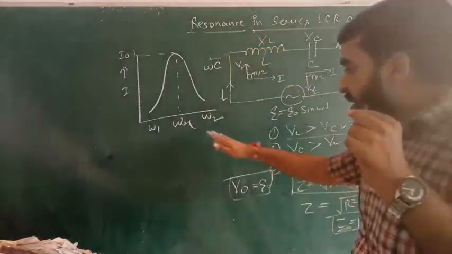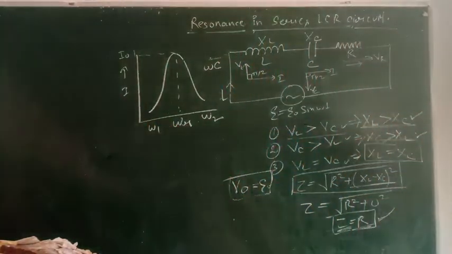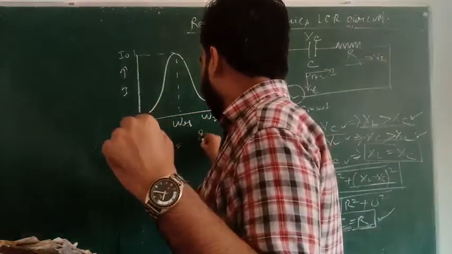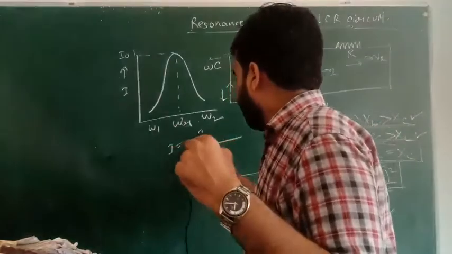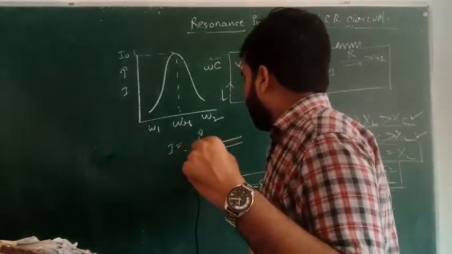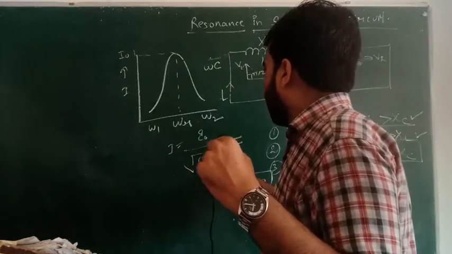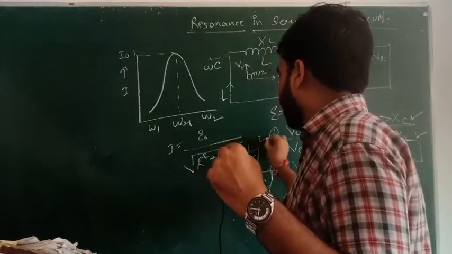Why are we getting a lesser value of current at omega 1 and omega 2? That is very clear. I is equal to E naught upon Z. So what is Z? Z is the square root of R square plus (XL minus XC) whole square, that is, (omega L minus 1 upon omega C) whole square.